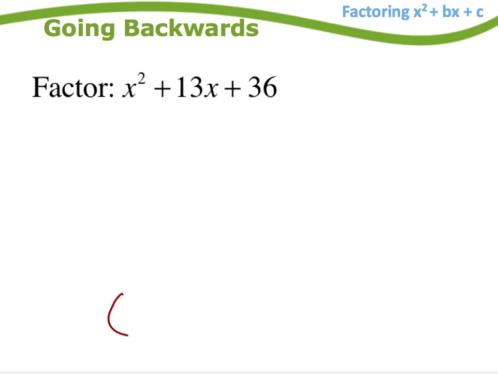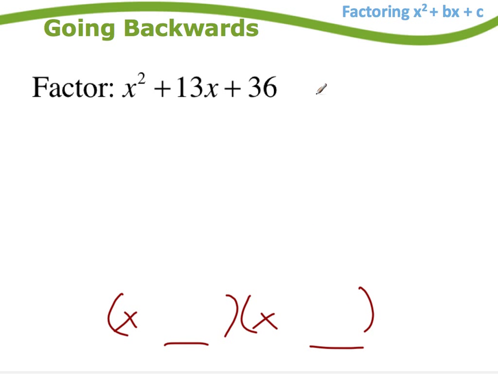In the end, I want to have it look like this, with some stuff in the middle. Probably just in the form that you're looking at, you can see that this x squared comes from multiplying an x in both of those first slots. So really, to factor, I can put those two in there right away. But then it's just a matter of figuring out what I should put in those last two slots.